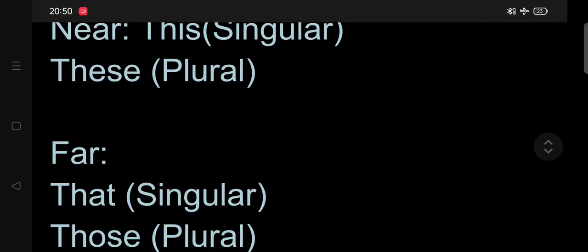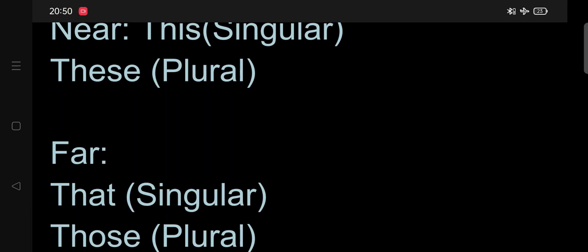Yes. THIS, this, singular, and THESE, these, plural. These two terms we denote those things which are near to me or near to somebody. And if those things are far than us, then we will use that or those.